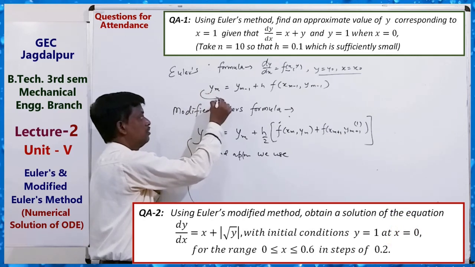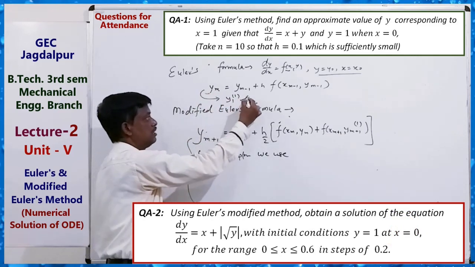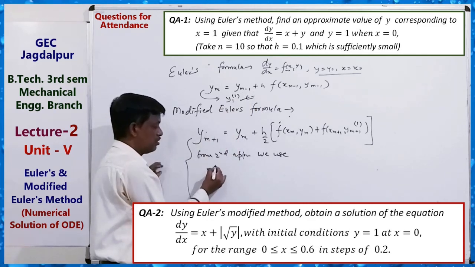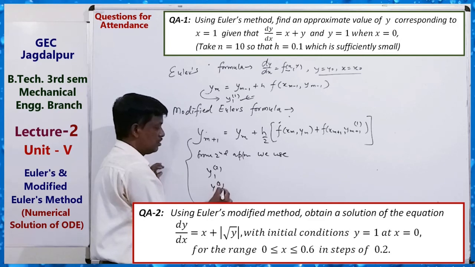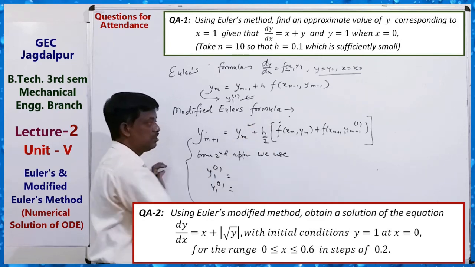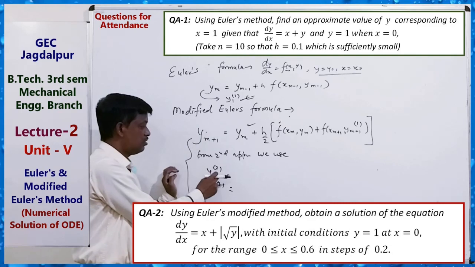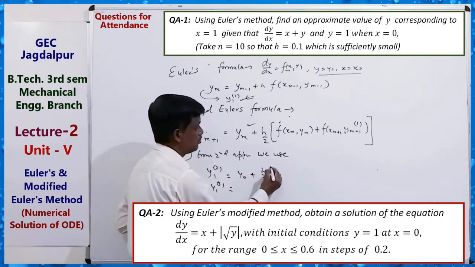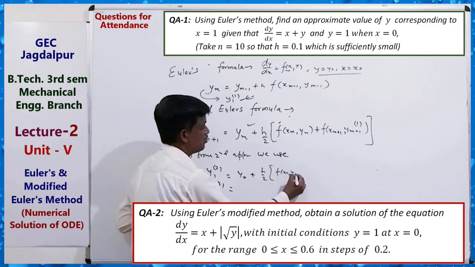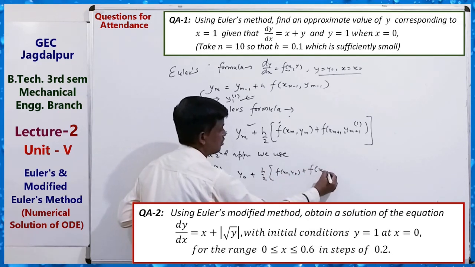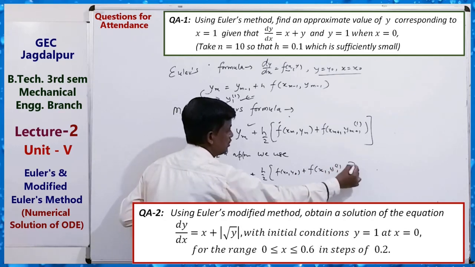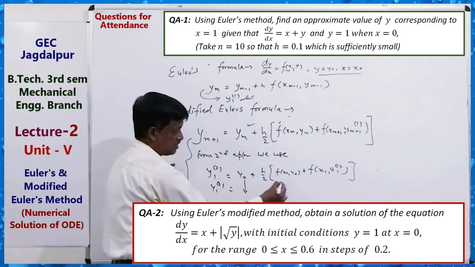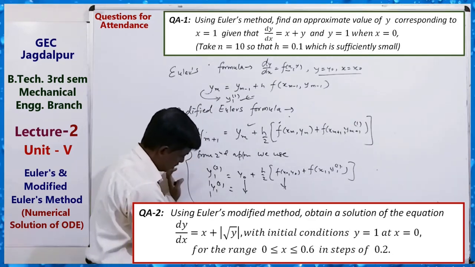The first approximation is obtained from here. And for the second and third approximations, just use this formula. M equals to 0, then y1 is y0 plus h by 2 times f(x0, y0) plus f(x1, y1), just taking the previous value of y here, and the rest remains the same, and get the approximation.